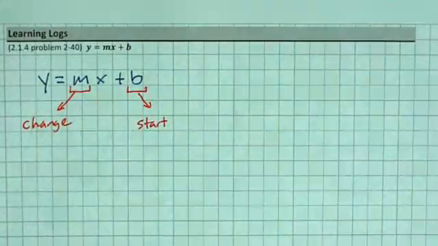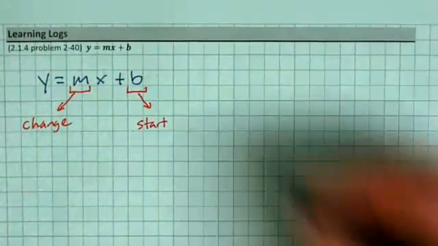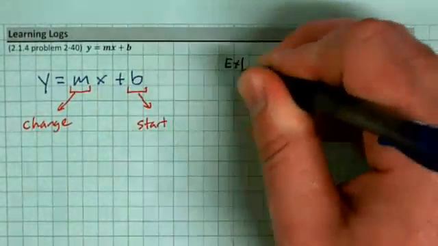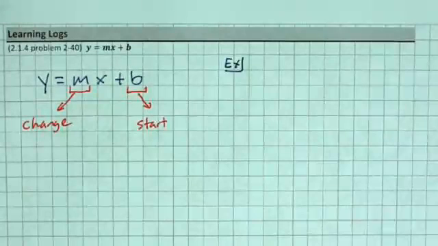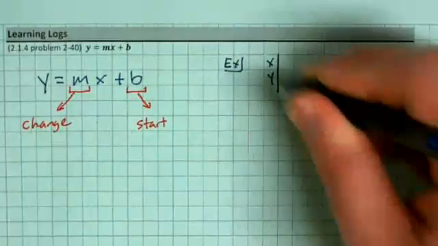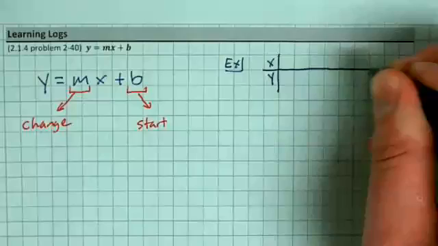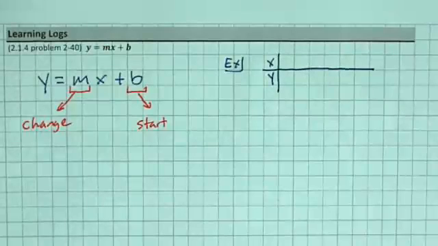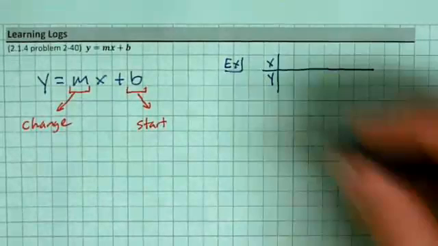And you know what I think would probably be a really good idea? And you can decide whether you agree with me or not, but I'm going to make myself a little example off to the side here. And actually, this may seem a little redundant, but I'm going to put the same table, except I'm going to use the x and y that we just did.